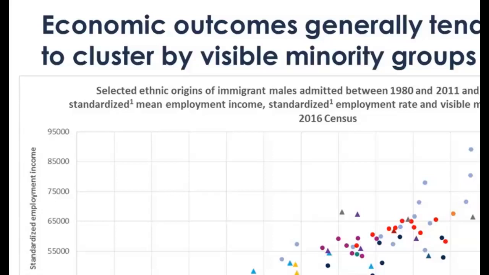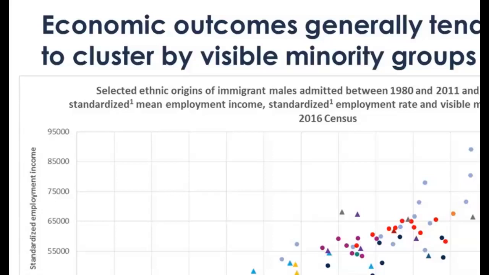However, behind this broad picture, what we can also see is a lot of dispersion of the points representing the visible minority groups. What does it mean? It means that there is this wide range of economic outcomes.